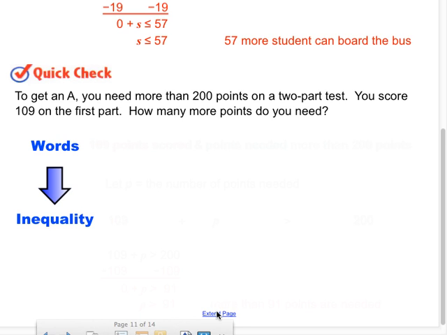Joel, you got this one? What do you think it's going to be? Not the answer. I want to know what's the inequality going to be? So they want an A, right? That means they could do better.